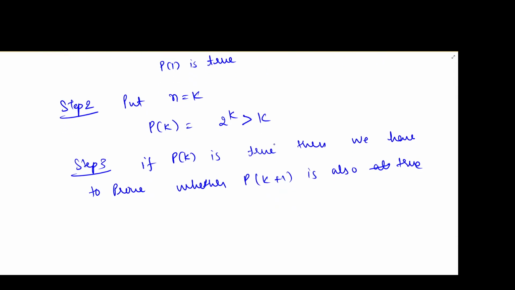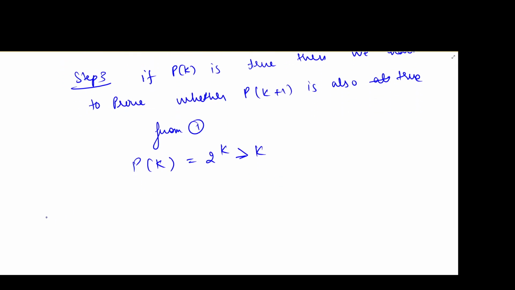From equation 1, Pk is 2 to the power k greater than k. Multiply both sides by 2.